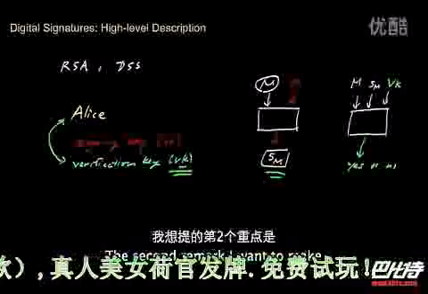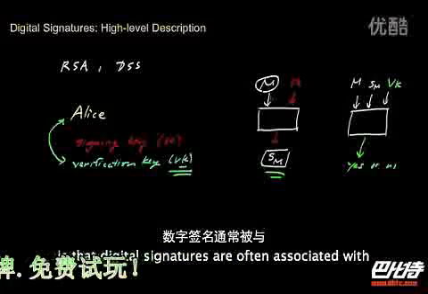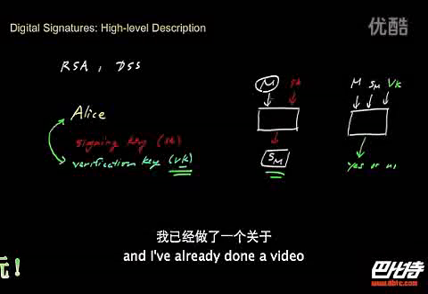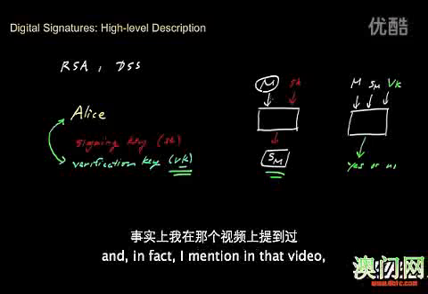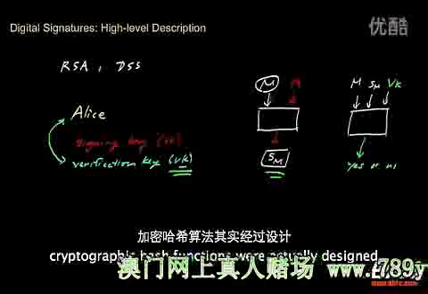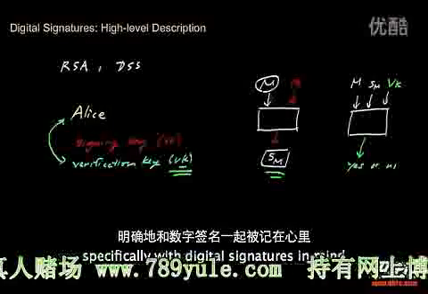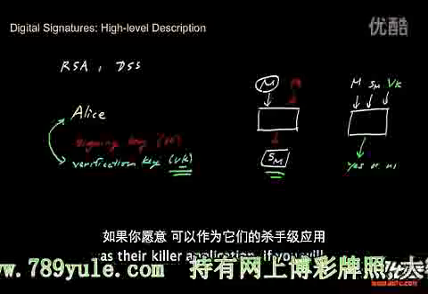Okay? The second remark I want to make is that digital signatures are often associated with cryptographic hash functions, and I've already done a video on cryptographic hash functions, and in fact I mentioned in that video, and I'll reiterate here, that the first cryptographic hash functions were designed specifically with digital signatures in mind as their killer application, if you will.